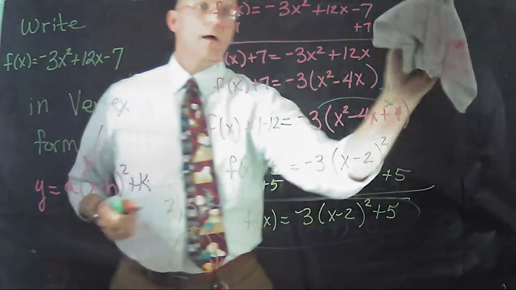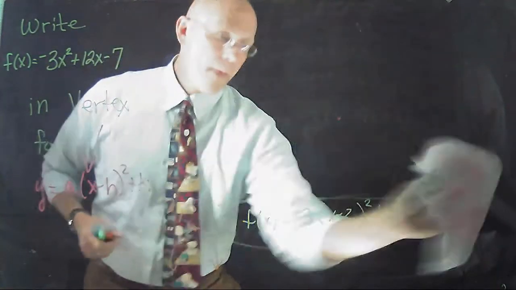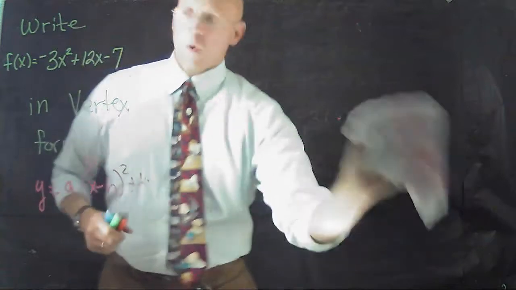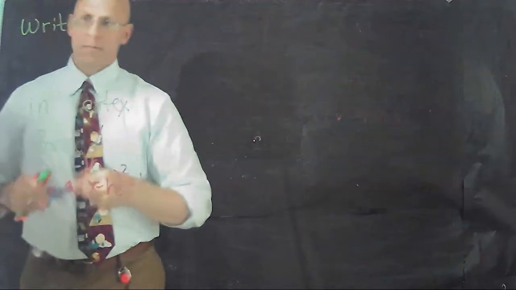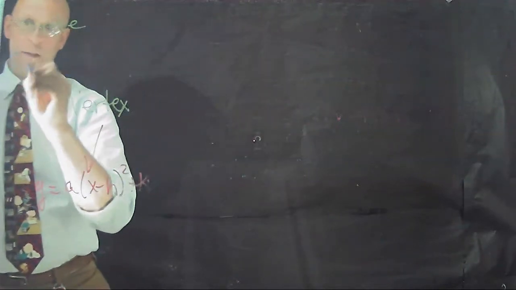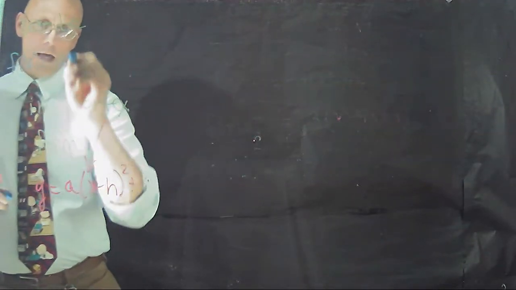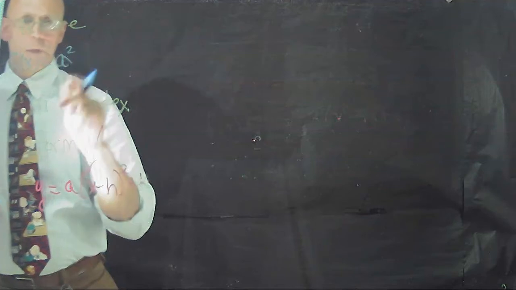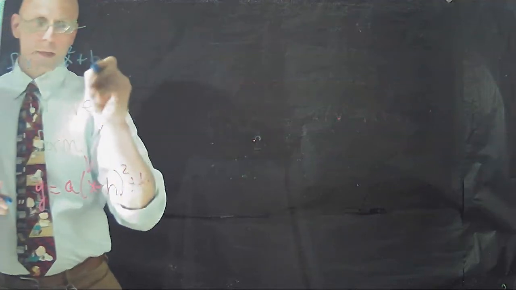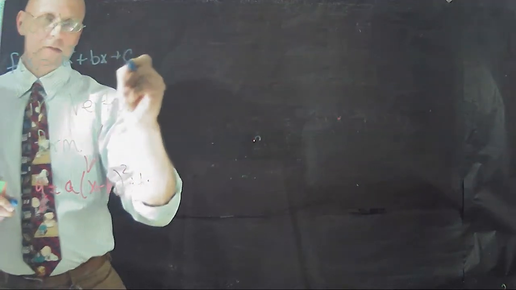Well, what we really did is this. Right here, it's f of x equals ax squared plus bx plus c.